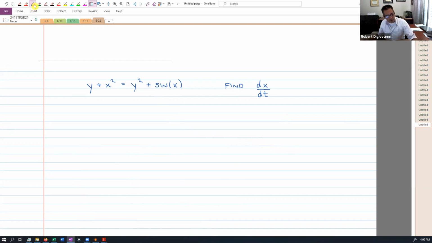What we're going to do is take this equation and take the derivative with respect to what variable? T. Yeah, right? Because that's the one on the bottom here. We're going to do that on the left side, and we're going to do that on the right side.